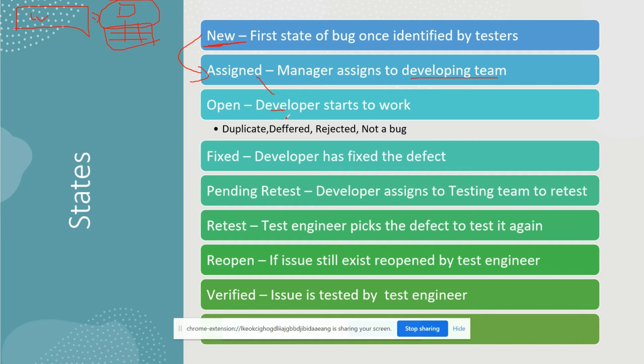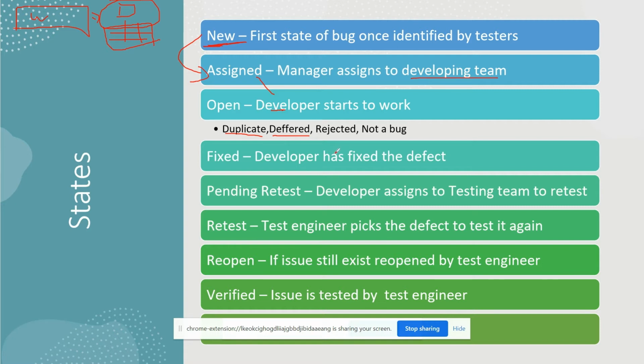If the developer feels we already have a bug like this, he will mark it as duplicate. And if the developer feels this is not very high priority and he can fix it in the next release because he has lots of bugs to fix in this release, he will mark it as deferred.